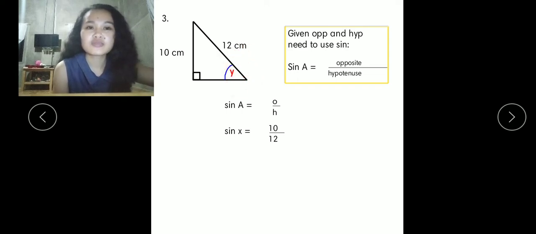Then the hypotenuse is 12 because that is opposite the right angle. Divide, that is sine x is equal to 0.8333. So get the inverse of sine. So the result is x is equal to 56.42 degrees.